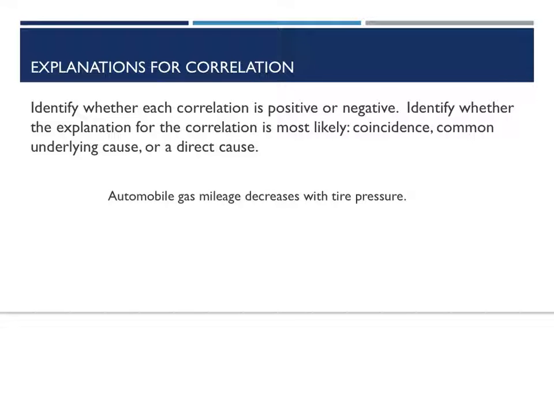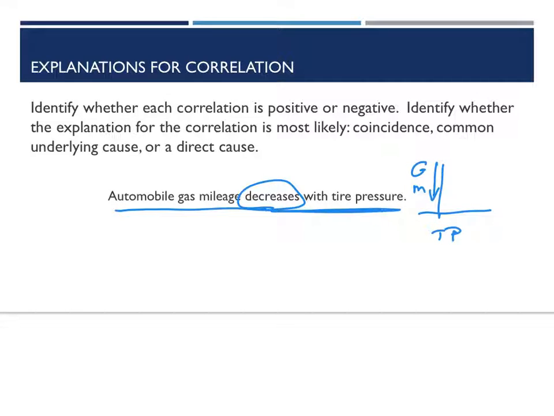Automobile gas mileage decreases with tire pressure. This one's kind of tricky. If I want to say my automobile gas mileage decreases, depends on which axis I put it on. Let's say my gas mileage is on the Y. If my gas mileage decreases, that means it's going down. Now, what does it mean decreases with tire pressure?